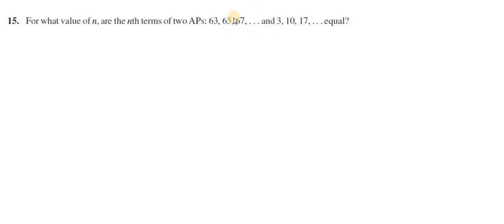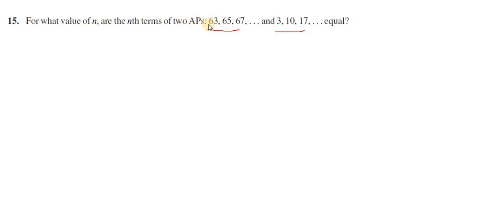For what value of n is the nth term of the two APs equal? Did you understand the question? I think you did not understand. Listen carefully. They are asking for which value of n the an of the first AP is equal to the an of the second AP. We'll check it. It's very simple.